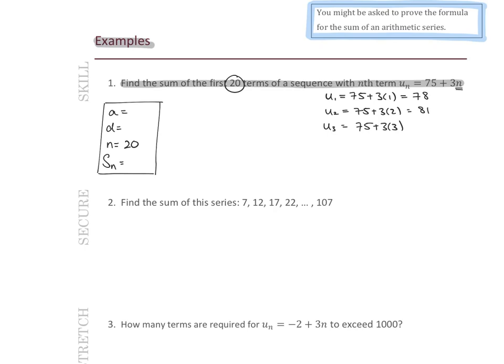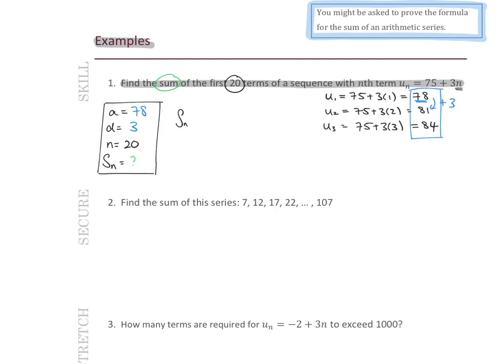The first two is enough, but that just helps us to check. So you can see here that's our sequence. So A is 78 here. It's going up in 3s, so D is 3, and N is 20. I'm trying to find the sum, so that is what I'm looking for. And if the rest of my box is full, I can proceed straight away, starting with my formula.